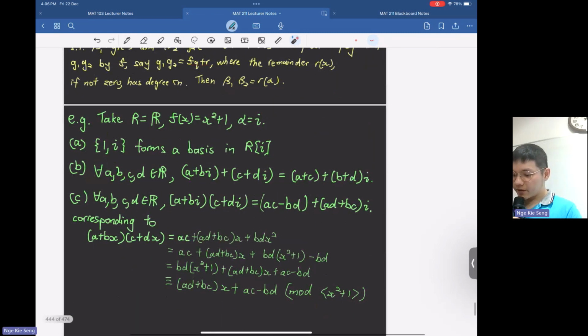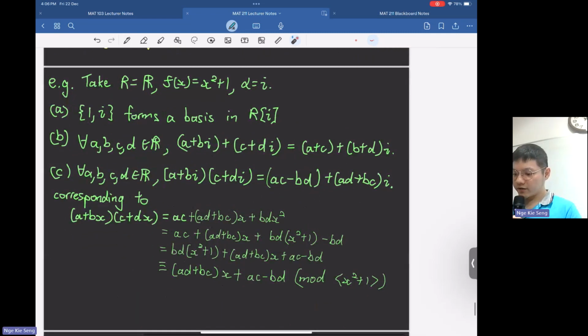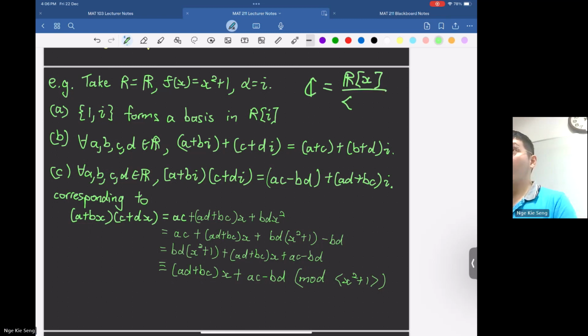So I use an example here. I use the example of the complex numbers. Okay, how do we build the complex numbers? So recall that the complex numbers C is equal to what? R adjoin x, quotient by x squared plus 1, this polynomial here.